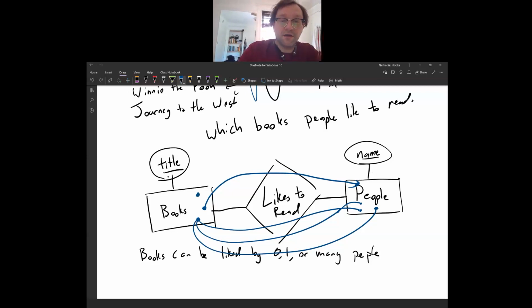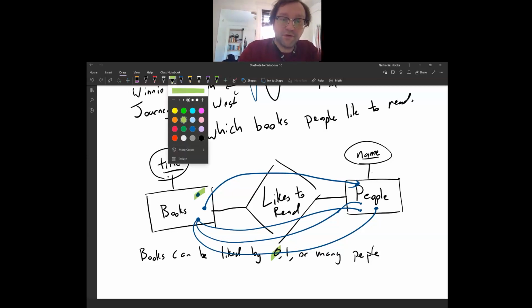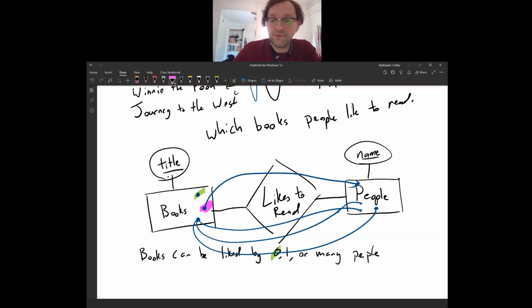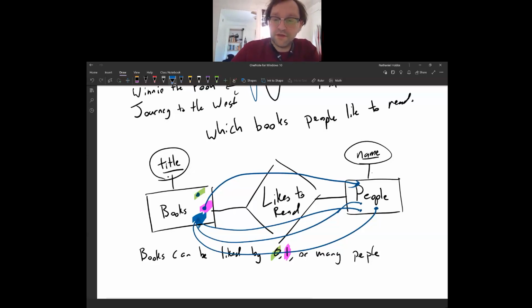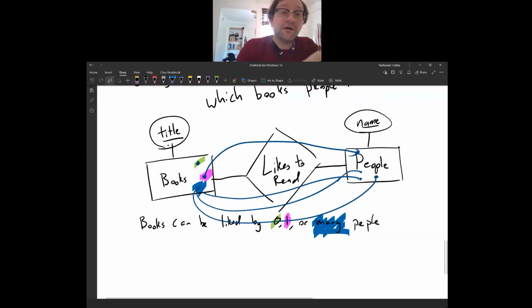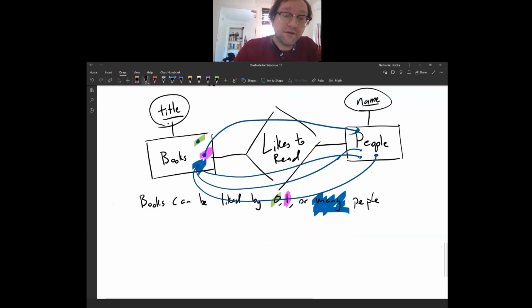Okay, so this point represents the liked by 0. This point represents the liked by 1. And this last point is many. In this case, because it's unconstrained, all of those can exist.